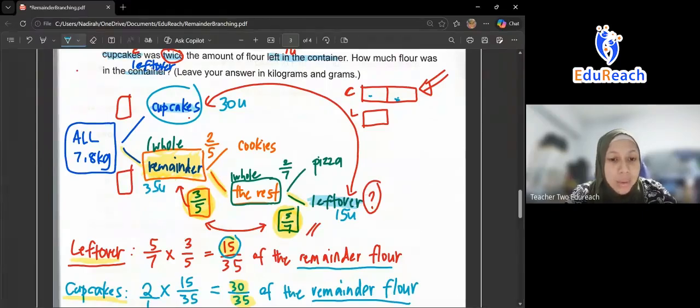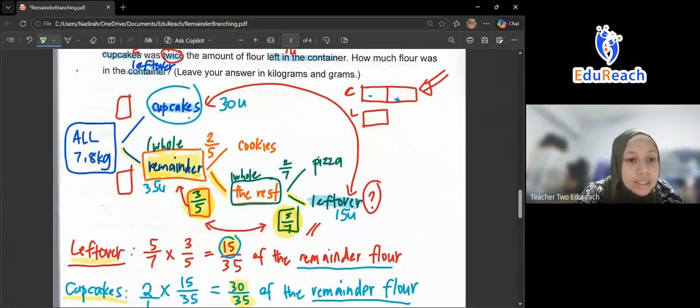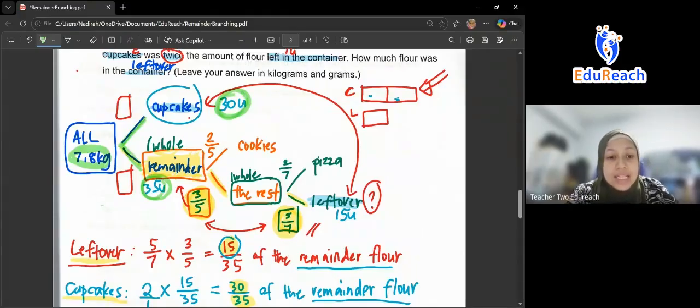Why do I want this? Because I want to find out this 7.8 is equivalent to how many units. It is actually made up of 30 and 35 because I split up, right? So now I add up 30 plus 35, which is 65. 65 units.